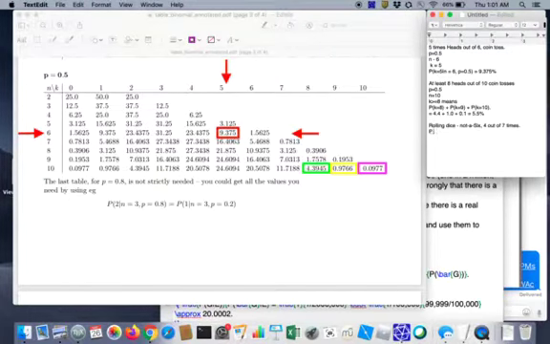So p, lowercase p, is the probability to roll not a 6 in one roll of the dice. That's 5 out of 6. And if you look for the table, you can't find one. I didn't do a table for that.